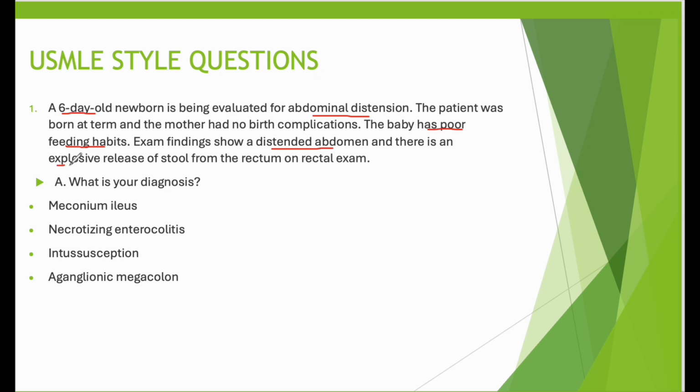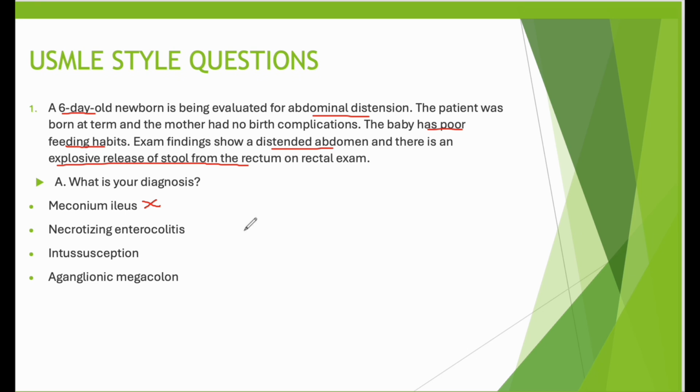There is also an explosive release of stools from the rectum on rectal exam. Okay, so just now we discussed from our differential diagnosis table that for meconium ileus, you wouldn't see an explosive release of stool from the rectum on rectal exam. Usually, we said that the rectal exam findings are normal in this condition. So even just with your exam finding, you can easily rule this out.